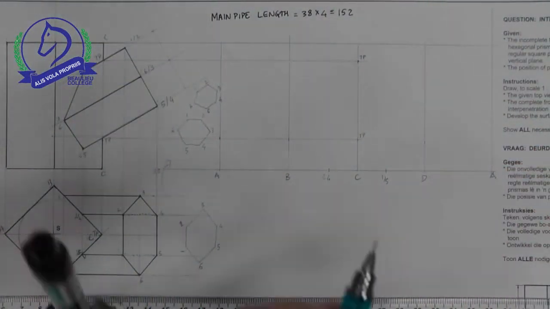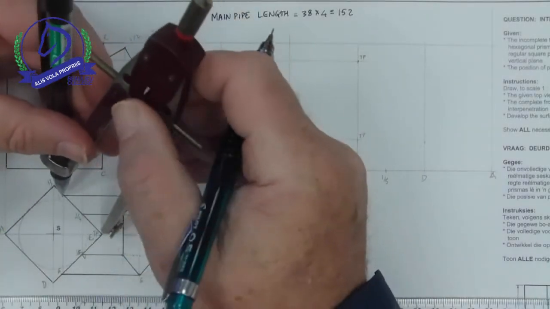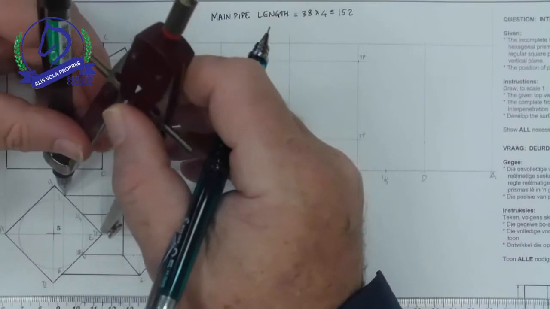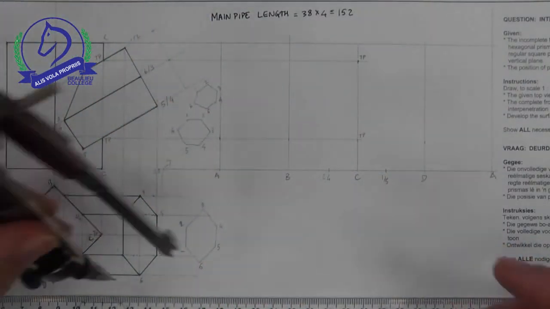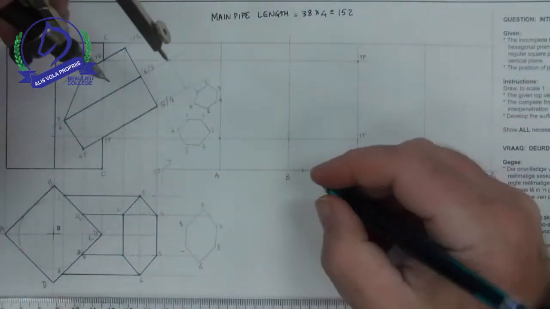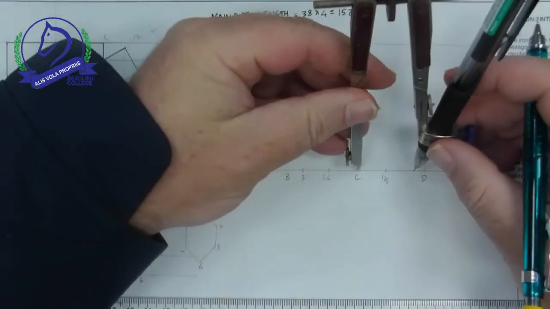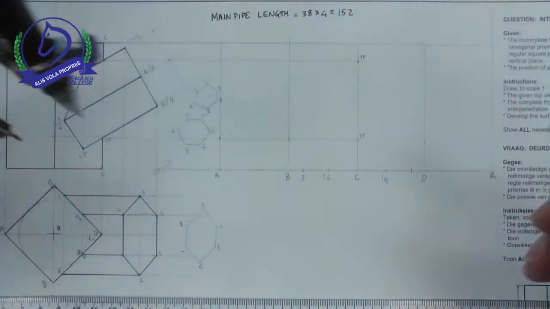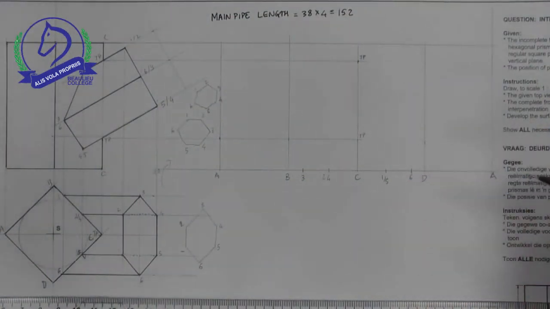While I'm doing my measuring, I'm going to measure the distance from C to get point 3, which would be the same measurement when I was looking for point 6. So at C, I'm going to mark towards B, and that gives me point 3. At point C, I mark towards point D, and that will give me point 6. I'm going to draw in my vertical lines.